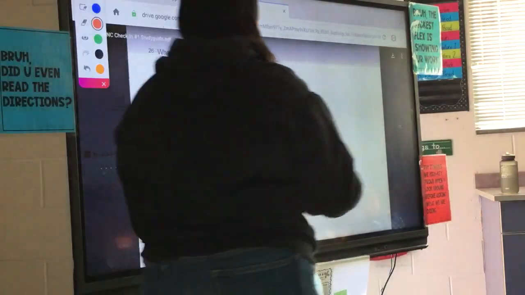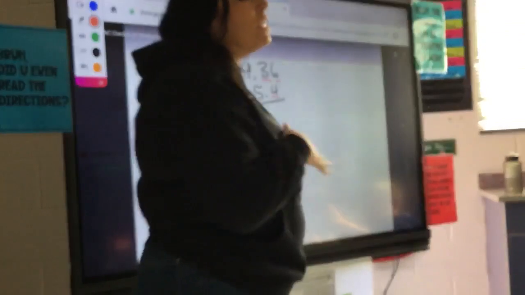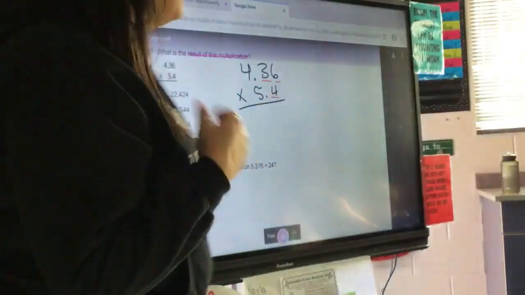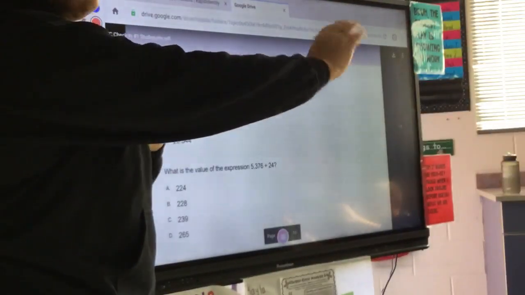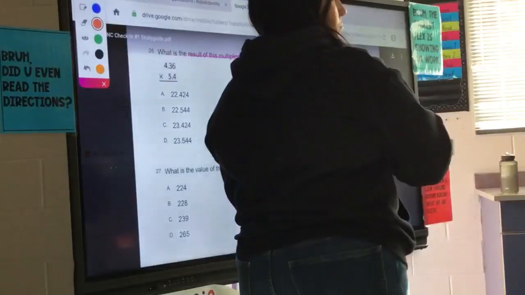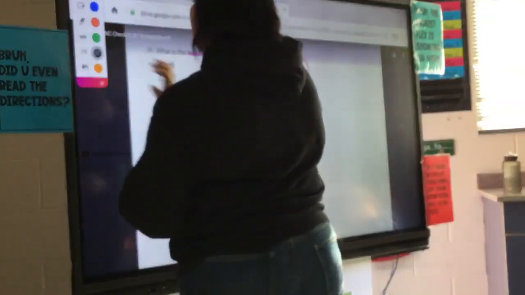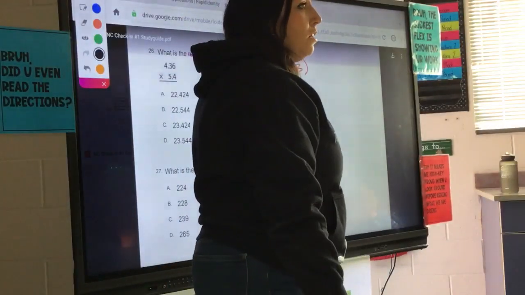How many do we have in this problem? Angel? 3. So we have 3 to the right. So I want you to solve like normal, and then I want you to move your decimal back in.